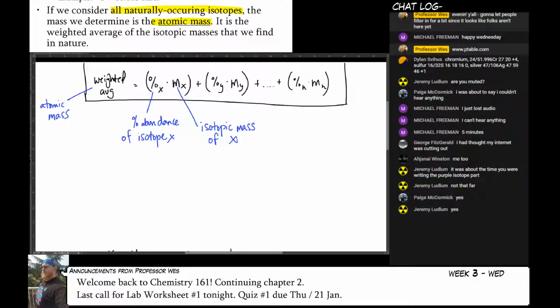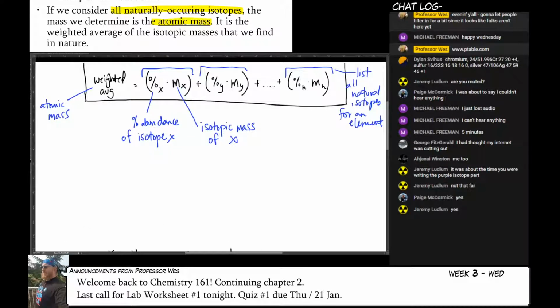X, Y, Z, W, N, whatever those are, are all going to be individual isotopes. So this is an isotope, this is an isotope, this is an isotope. So we're going to list all the natural isotopes for whatever element it is we're looking at. And so that's how we're going to calculate it.